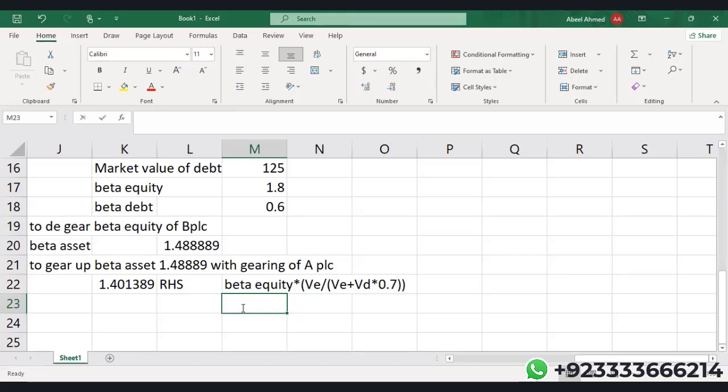So market value of equity is 200. Divided by, multiply, market value of equity is 200 divided by market value of equity plus market value of debt, which is 80, multiply by 0.7.